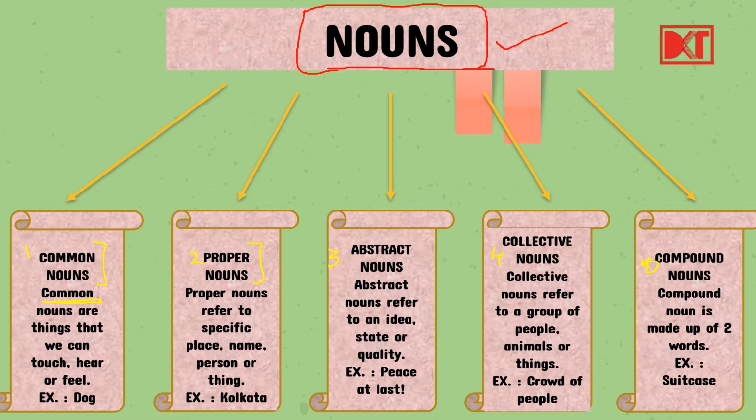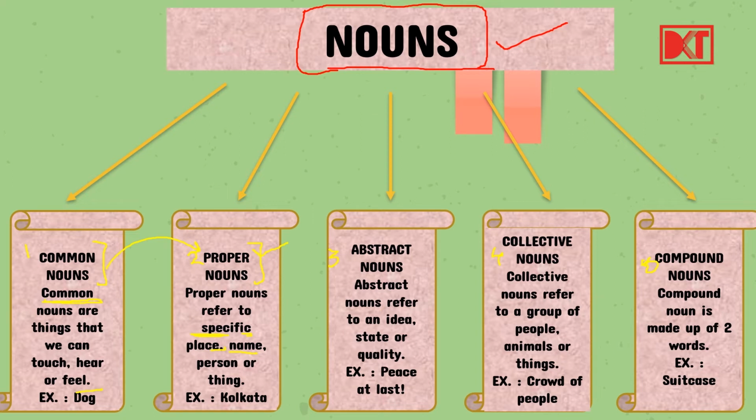But similarly, when we compared them with proper nouns, and when we talked about specific things, specific places, specific names, specific persons, that becomes a proper noun. We discussed examples. For example, dog is a common noun, but for a proper noun, suppose your dog's name is Bruno.